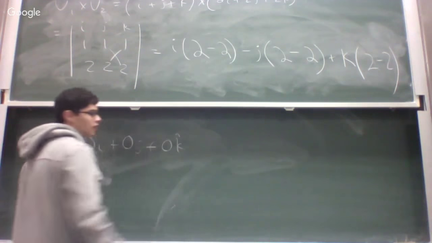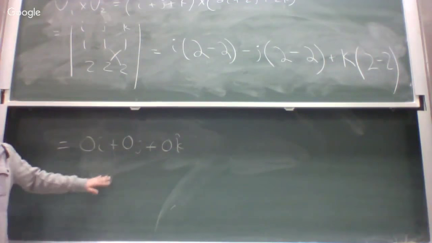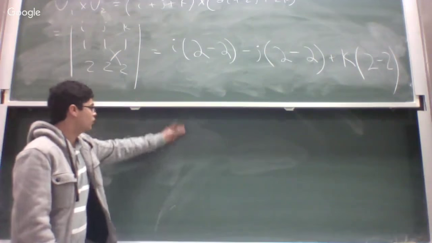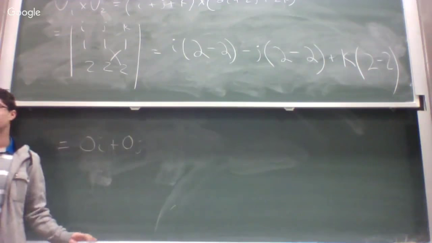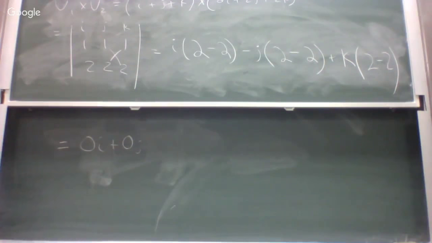Even if there's a 0i or 0j, we should still write that out. You won't have a problem like this, because I just made it up. But say you have 0k and then you have i and j components, you don't need to write out the k component.